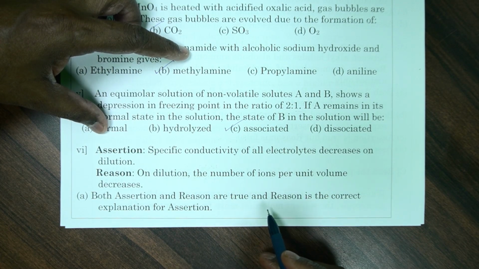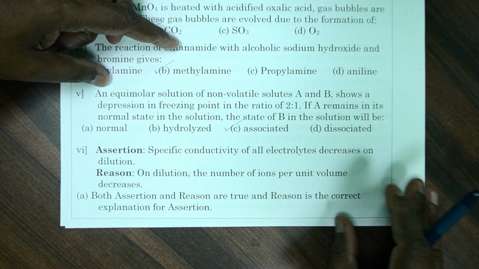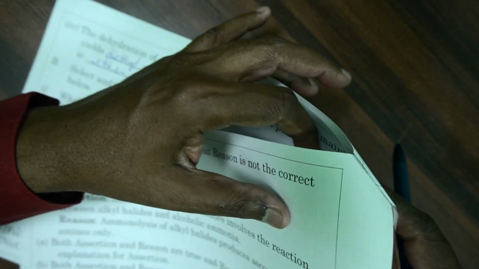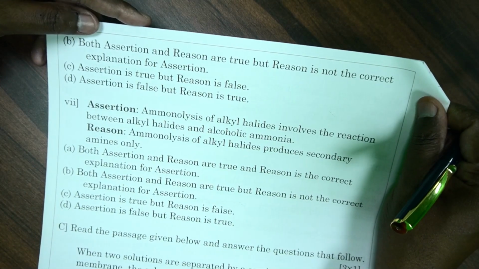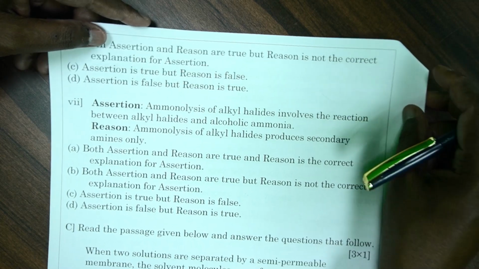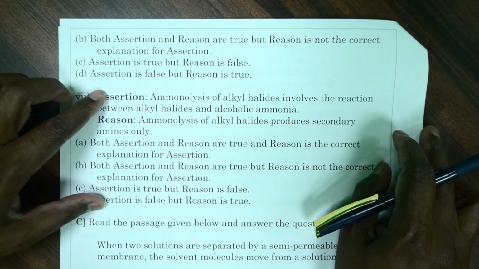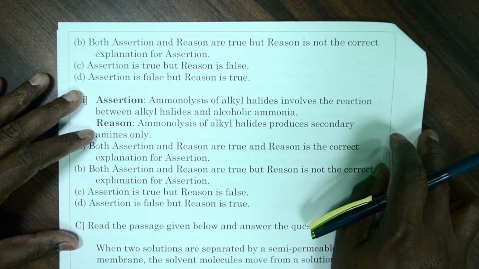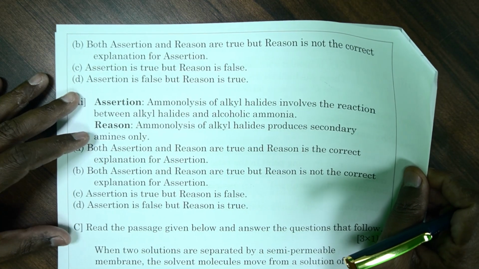Both assertion and reason are true, and reason is the correct explanation for assertion. Then we have both assertion and reason true, but reason is not the correct explanation for assertion. Then assertion is true but reason is false, and assertion is false but reason is true. So all these options are there.